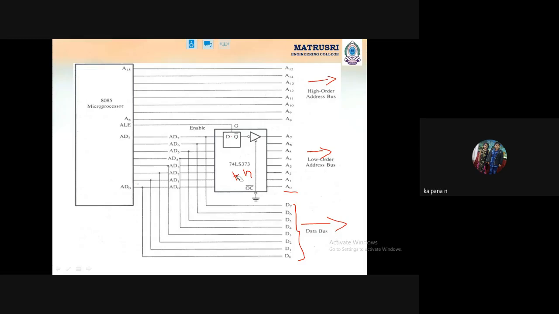Understand? What is this circuit? What is the name of the circuit? Demultiplexing A lines from AD lines. Okay, next.